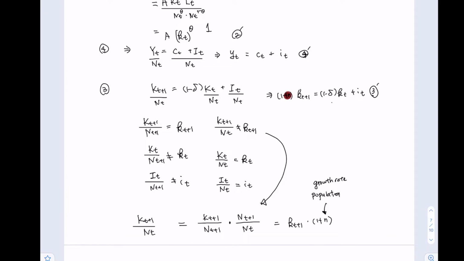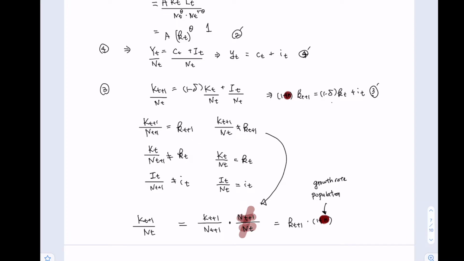In other words, when we are looking at k_{t+1} over N_t, we still need to separate it into k_{t+1} divided by N_{t+1} multiplied by N_{t+1} over N_t. But here, because N_{t+1} and N_t are exactly the same, they cancel out. Given that the population growth rate is 0, we can cross it out. It no longer exists.